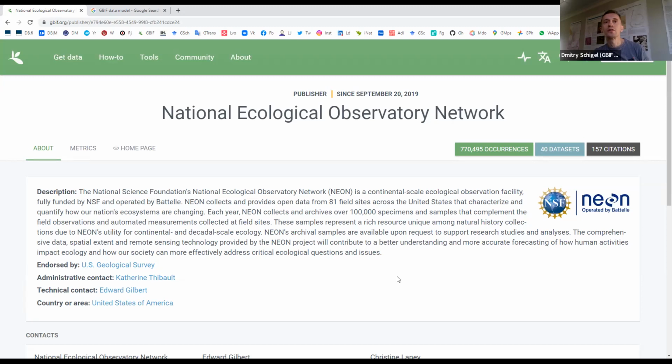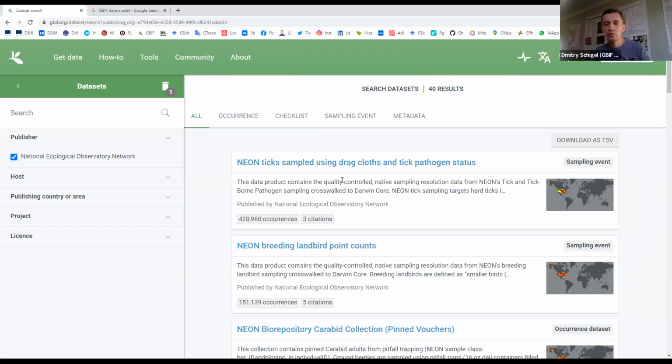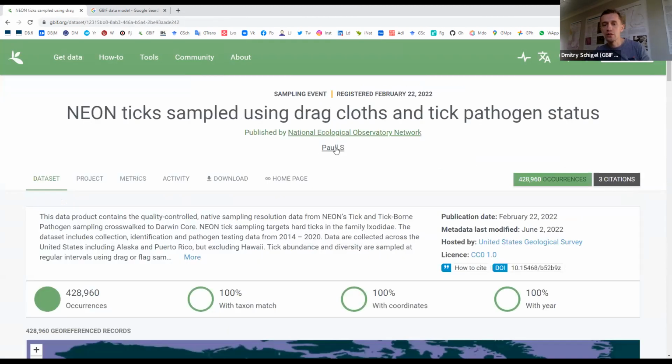But resurfacing through GBIF brings, first of all, expansion of the audience, but specifically for the BioDT context, this data becomes available through the standard API. So you can plug it straight into the use case. And because it is done with credit, you never lose the original attribution.